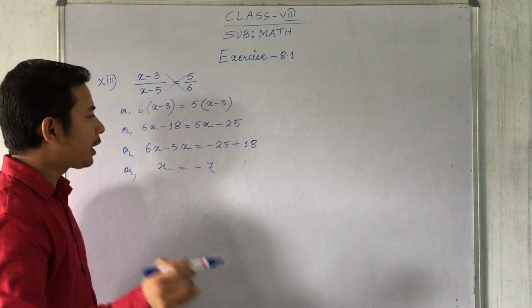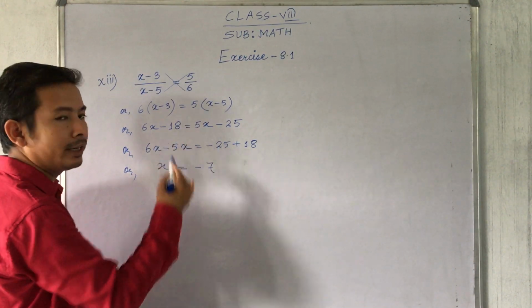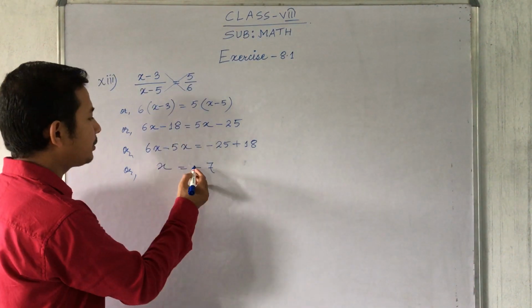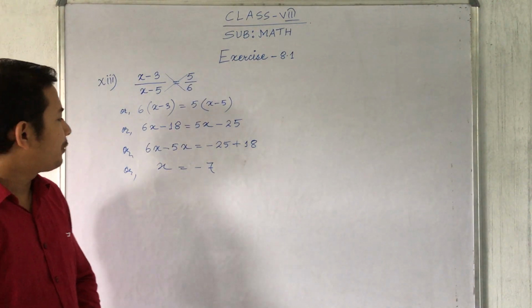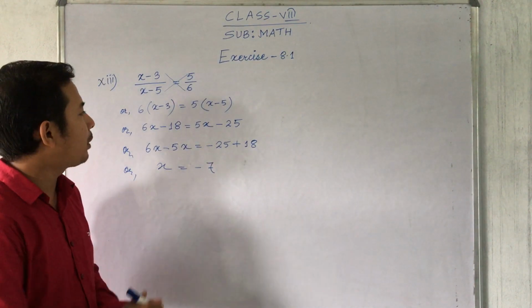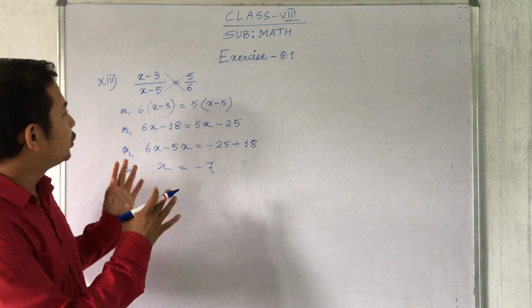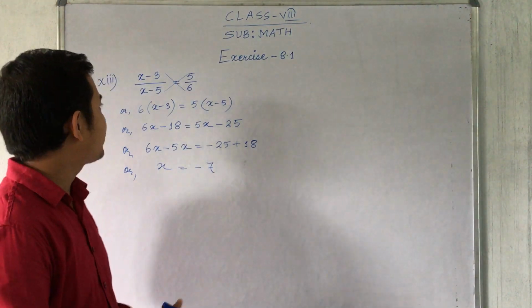Don't forget, the greater number is 25 and in front of the greater number there is a negative sign, so the negative sign we must write here. This way we have got the value of x as minus 7. It's very simple. Using this method, this is the process to solve this type of problem.